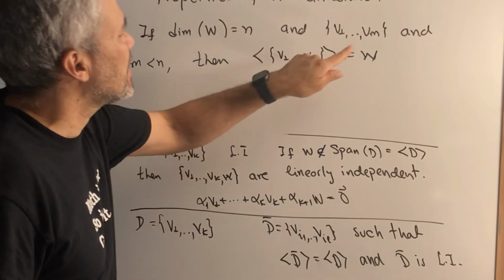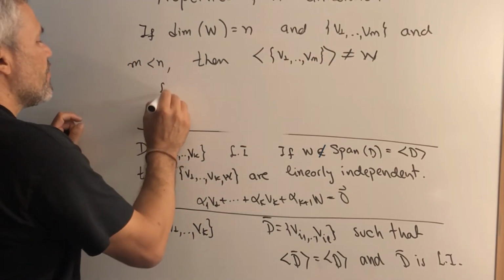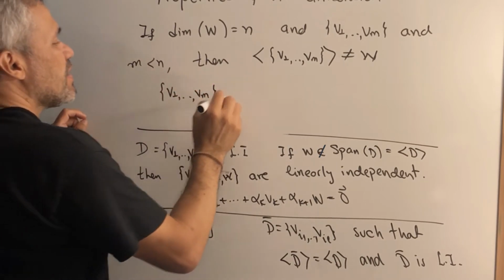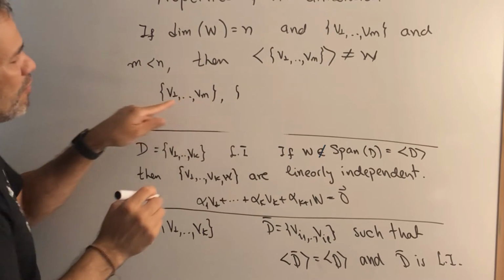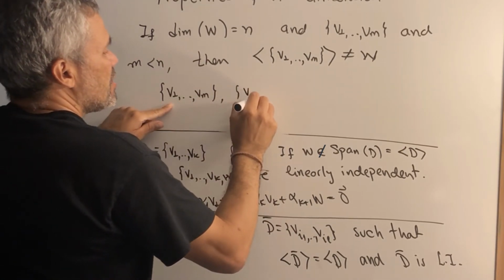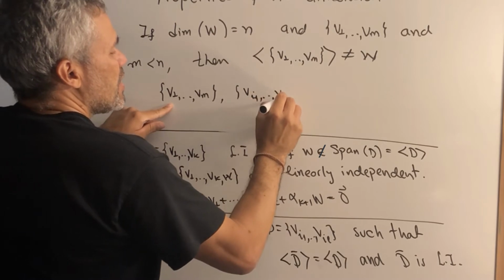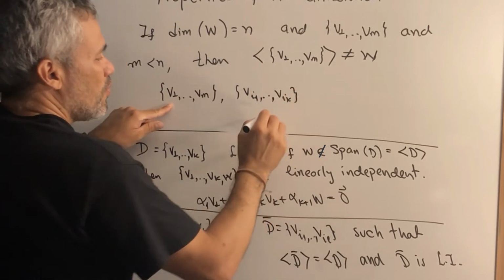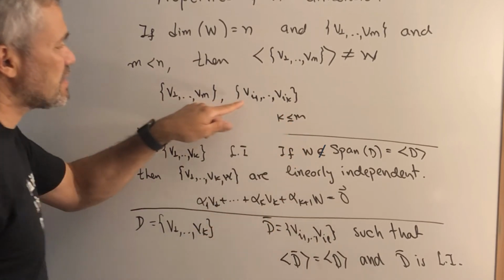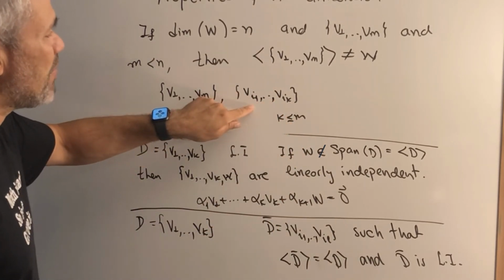And the reason is that from this collection of vectors, we can take a collection of some vectors here, let's call them v sub 1, ..., v sub k, with k smaller or equal to m, such that these are linearly independent.